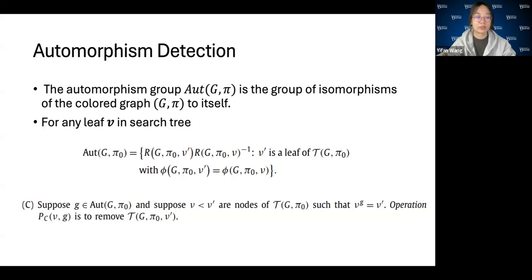Therefore, we have the third pruning rule: for any permutation, for the nodes that are deeper in the search tree, if they have the same image after the permutation, then the algorithm will prune this node and also remove this branch.